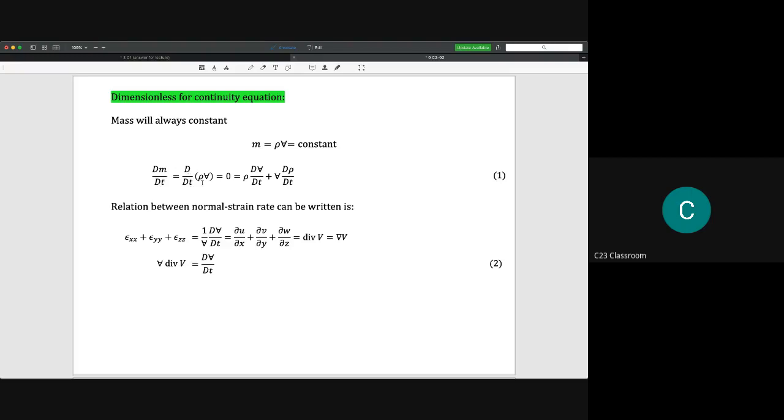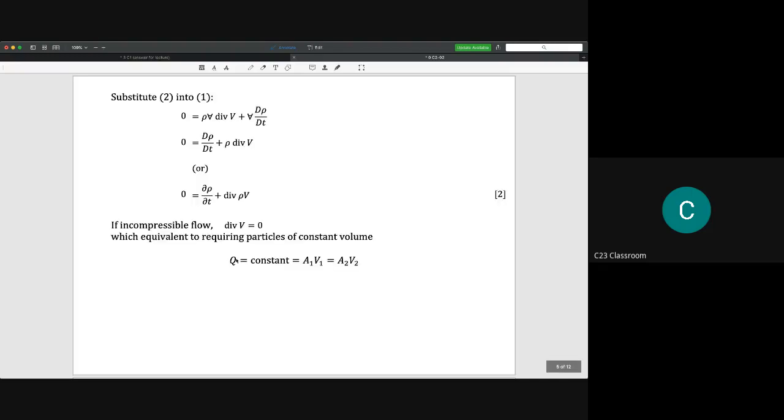We have d over dt of rho volume, and then we can write it this way because this is the idea of a differential form. Then we have rho dV/dt plus V d rho/dt, and then we could get the relation with the normal strain rate as this one, and then we could substitute everything. Then we have the idea of continuity.